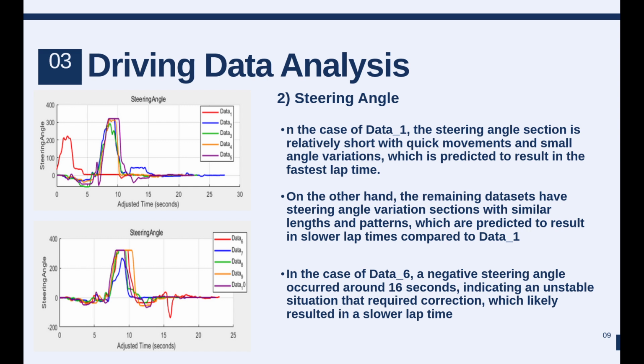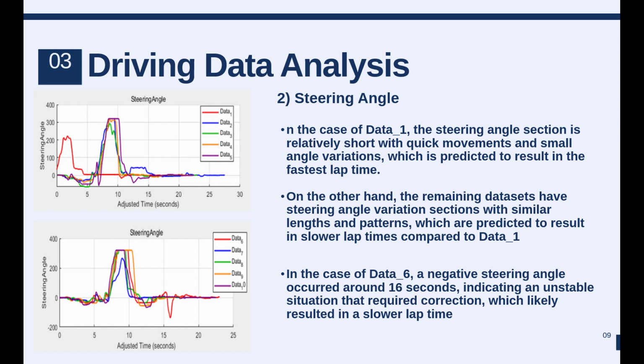First, I evaluated the driving performance based on the steering angle data. In the case of data 1, the steering angle variation section was relatively short, with quick and smooth movement.